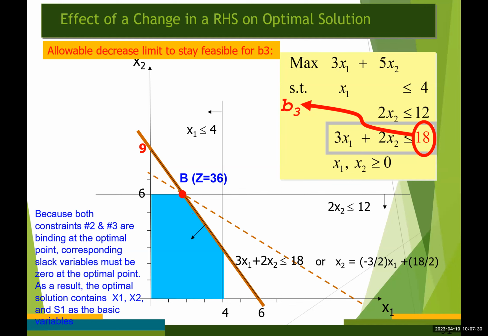Okay, down here, I already provided you this. That's the plan number 3 constraint, and that can be rewritten as this, right? So the plan number 3 constraint has the slope of -3/2, and it has an x2 intercept of 18/2, which is equal to 9, right?